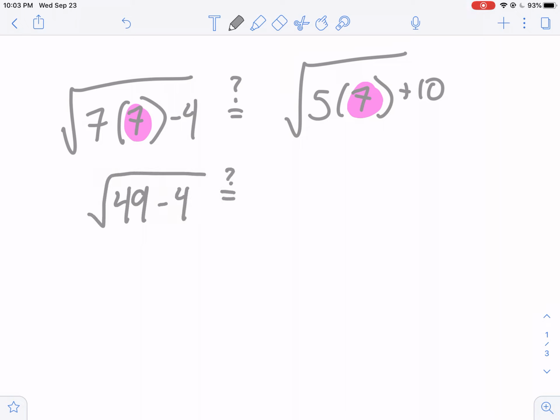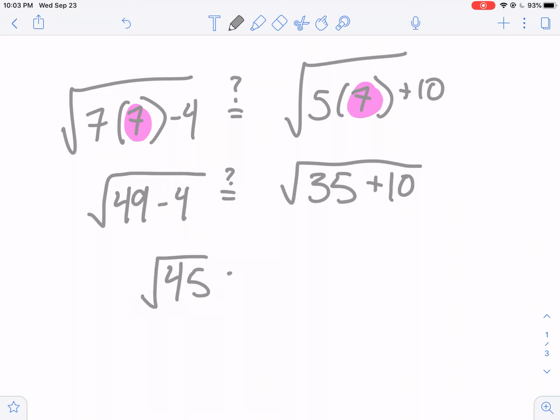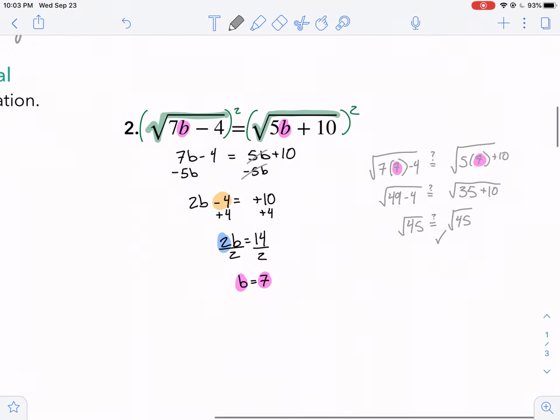Is that equal to 5 times 7 is 35 plus 10, the square root? Well, 49 minus 4 is 45. So is the square root of 45 equal to the square root of 45? Ooh, yuck. I don't know what the square root of 45 is. Yeah. Sweet. Cool. So it works. So B is equal to 7.